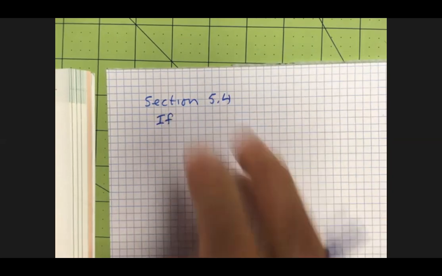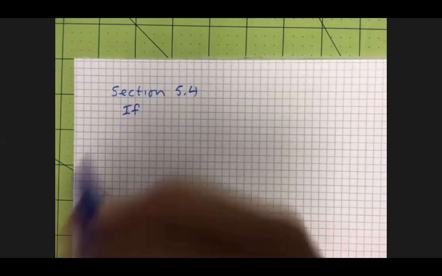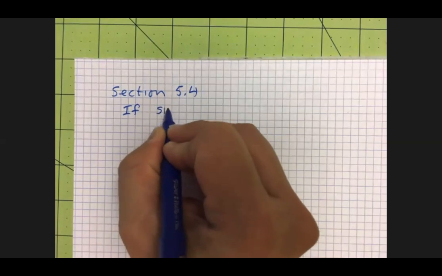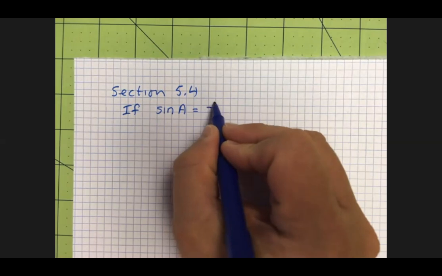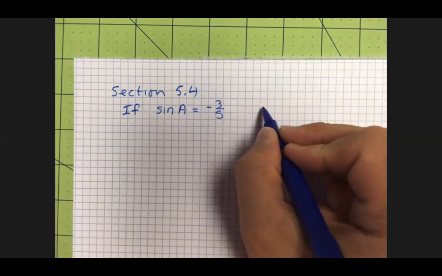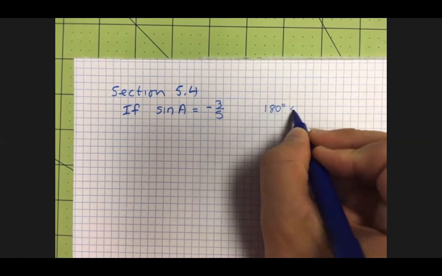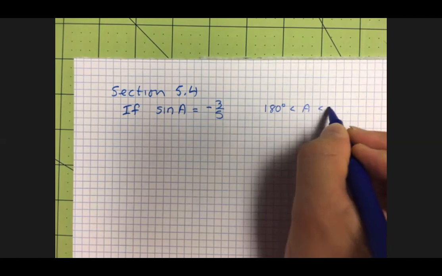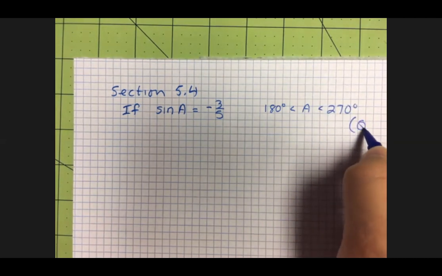If I tell you that the sine of A is minus 3 over 5, and A is between 180 and 270 degrees, that's quadrant 3.